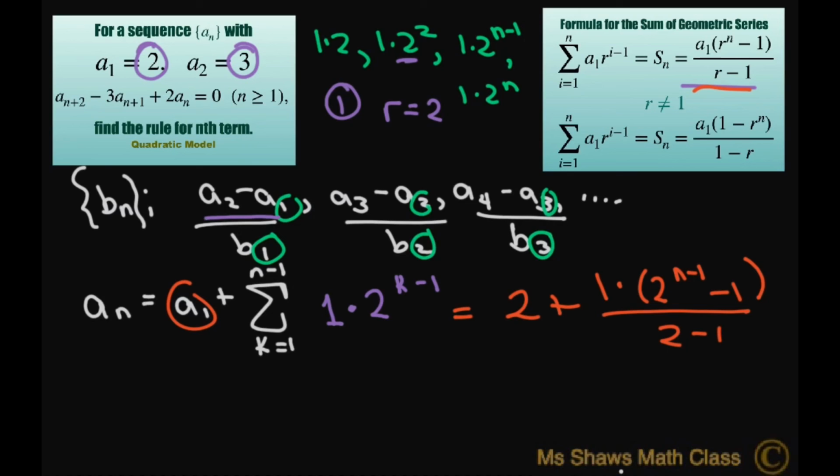All right, so this is just 1, so we're going to get 2 plus 2 to the power of n minus 1 minus 1. So this is going to end up being, when you combine these two, your rule for the nth term is 2 to the power of n minus 1 plus 1.